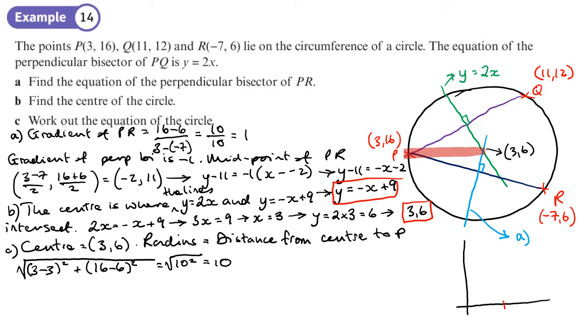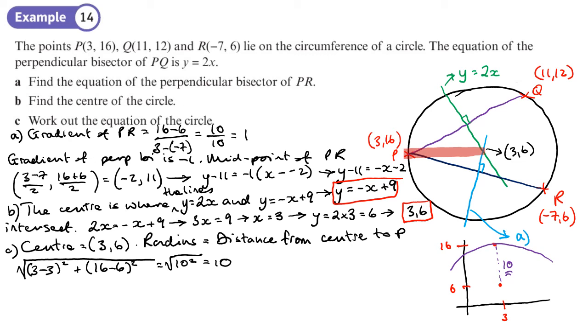They're both above the point 3, and the centre is 3, 6 here, and a point on the circumference is 3, 16 here. So our circle's going around something like this, with the centre there. Well, the radius is just that length there. It's just 10. So even without doing Pythagoras, we could have worked out the radius of that circle.